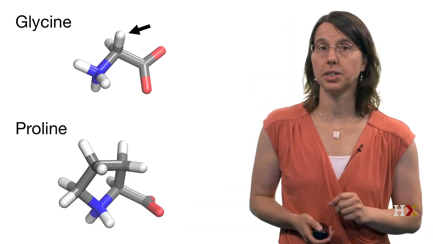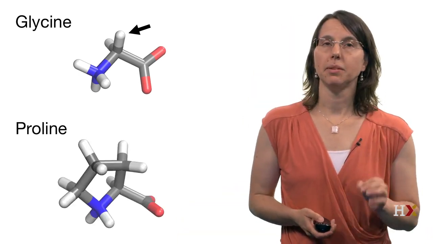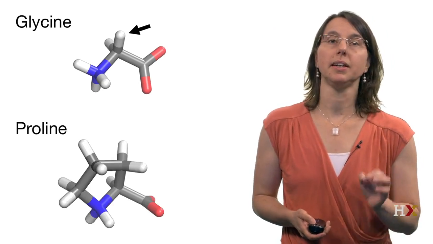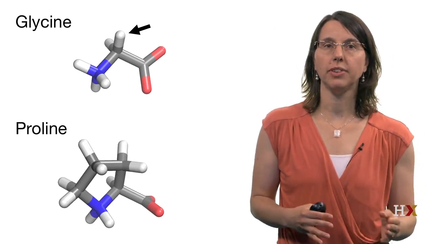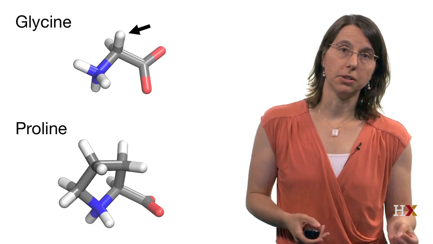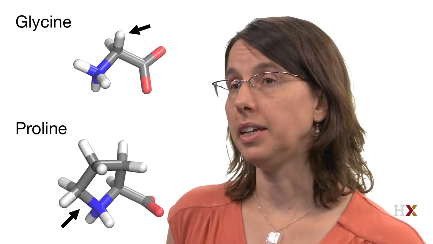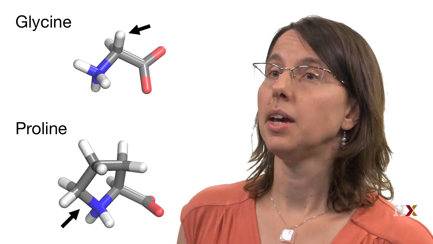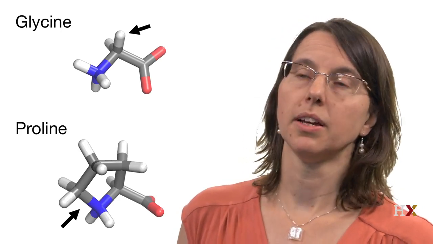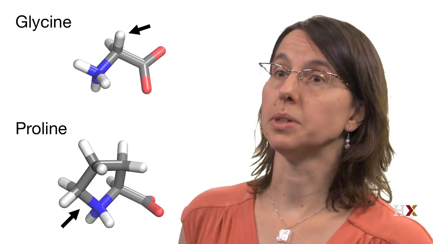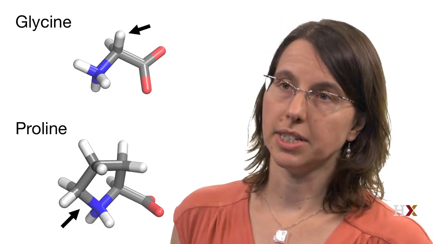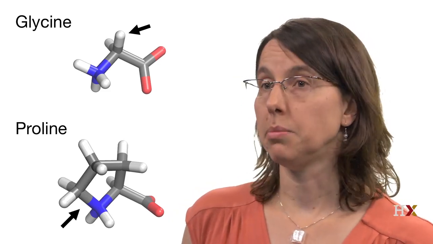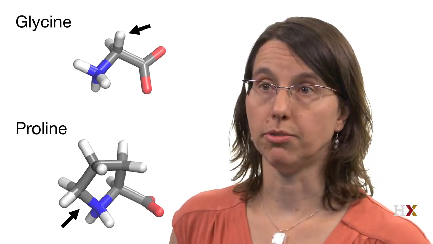The second exception is proline, and proline is a cyclic amino acid, and that's because its side chain is actually covalently linked to its amino group. Now, this covalent linkage means that proline is actually more conformationally restricted than most amino acids. And again, this interesting conformational property comes into play when we think about protein folding.